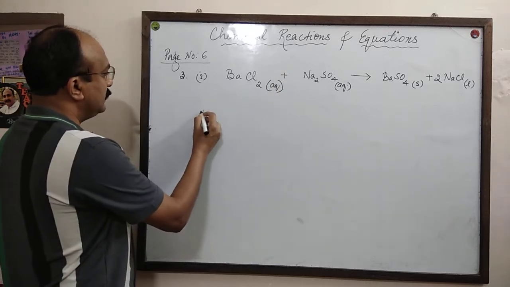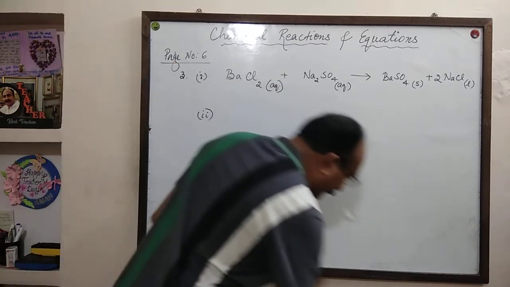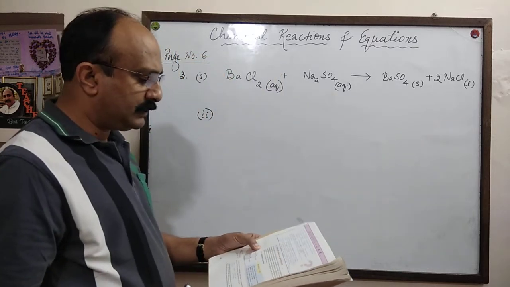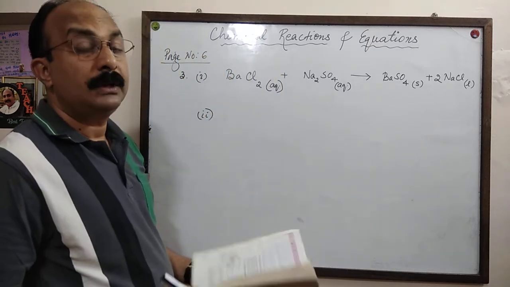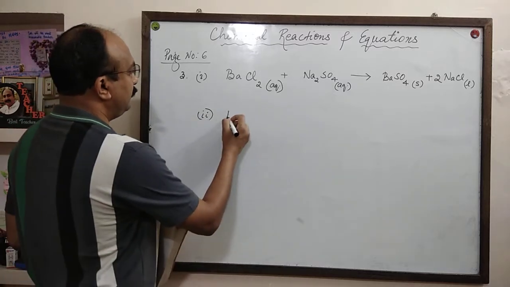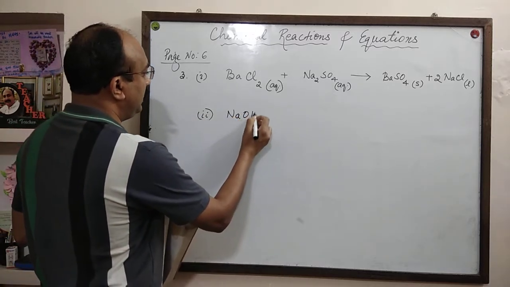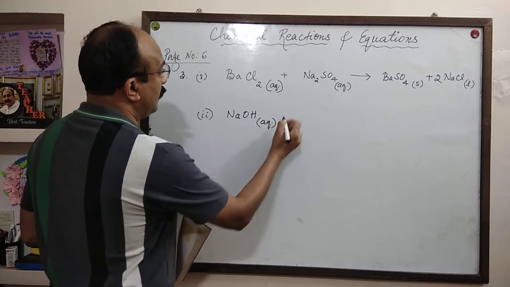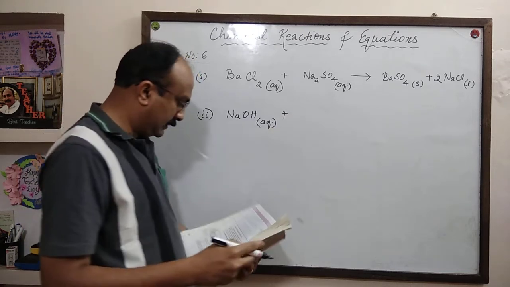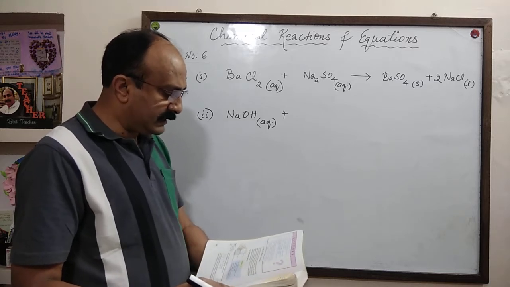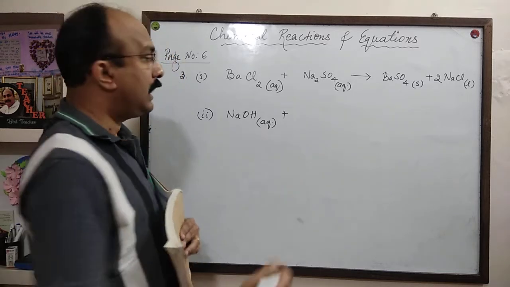Now second part. Sodium hydroxide solution in water. So what will you write? NaOH is sodium hydroxide. Solution in water means aqua. Plus reacts with hydrochloric acid solution in water.